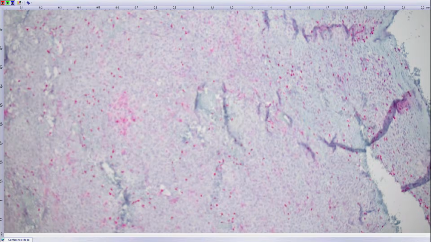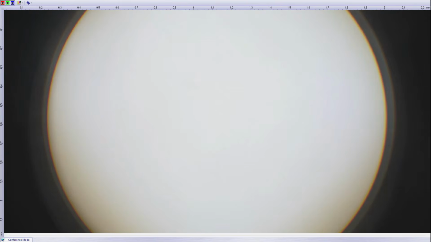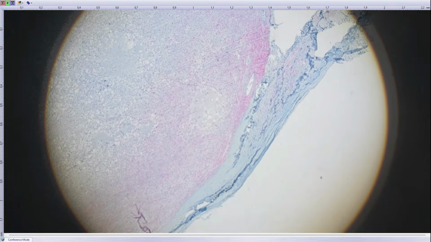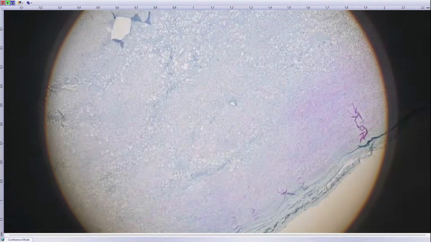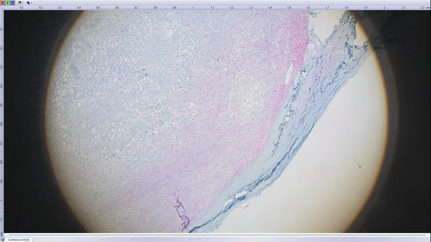So this is hard to say whether this is enough or not for GIST, but there is some expression. And then you can do DOG1, which is a somewhat better marker than c-KIT, and it shows similar expression, focal and weak, but there is some expression.